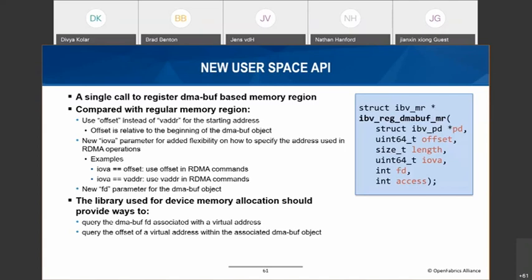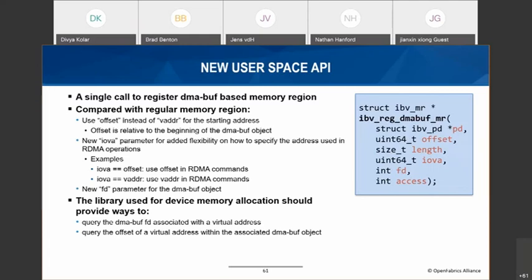So even though the memory allocated from the GPU buffer may also have a virtual address, usually you don't know this information. What we really need to know in the kernel is the offset from the beginning of the DMA-BUF. So by passing this directly, the verbs library doesn't need to call the GPU library to do the calculation.